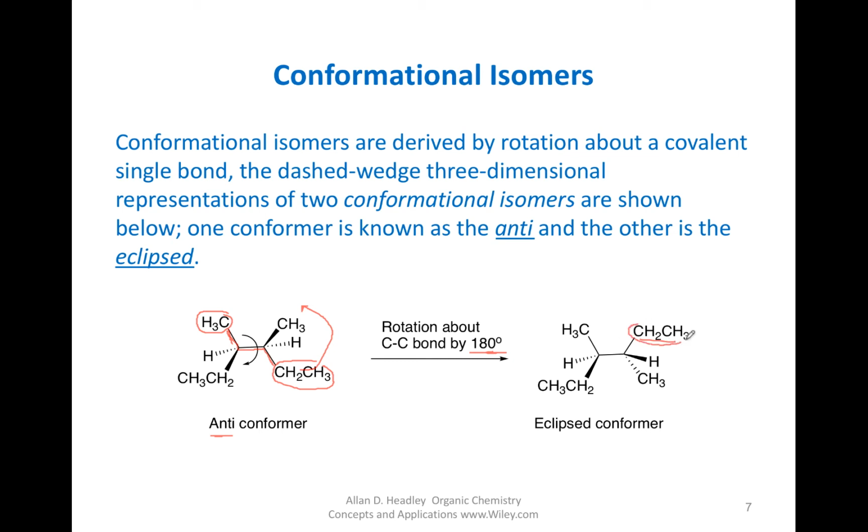Because these groups here are now on the same plane and right across from each other, this conformer is called eclipsed. So again, there are two conformers, and we describe them by giving them names. One is called the anti-conformer, so pay special attention to these names. The other conformer is called the eclipsed conformer.